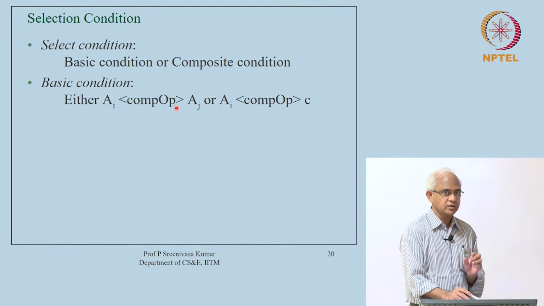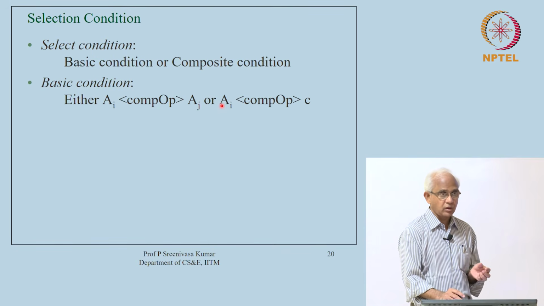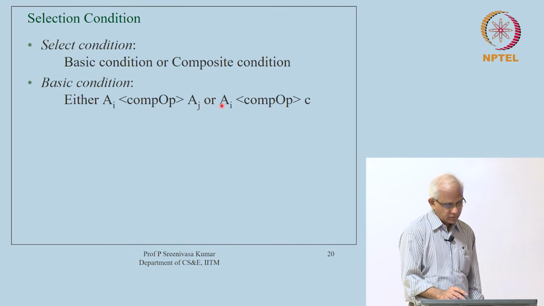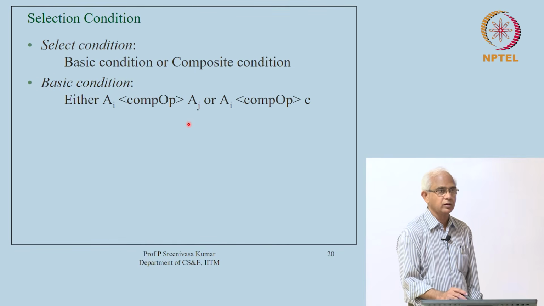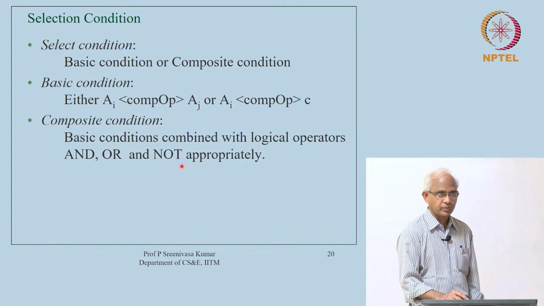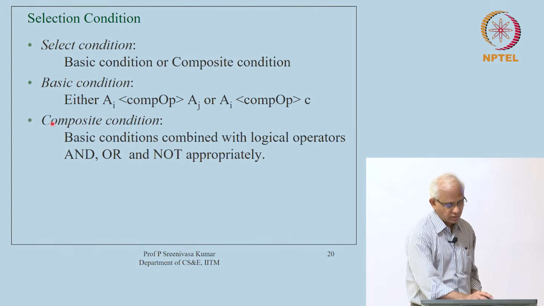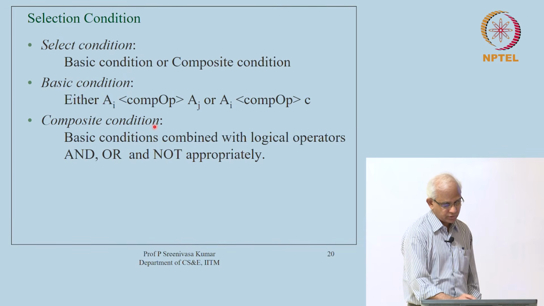The simplest conditions involve comparing an attribute with another attribute, or comparing an attribute with a constant. These are the simple conditions, and then you can combine them with the logical operators. The logical operators and, or, and not are all allowed, and they make a complex or composite condition.